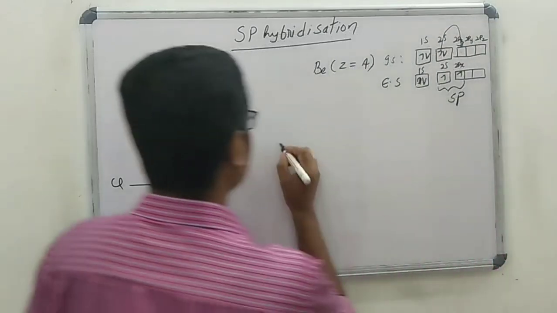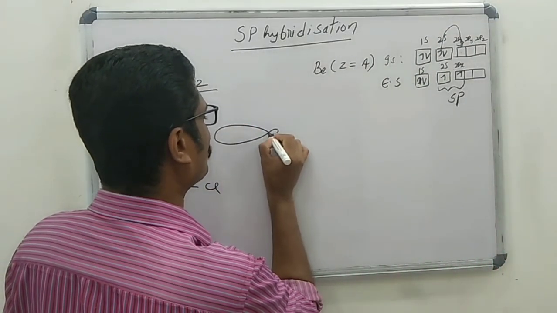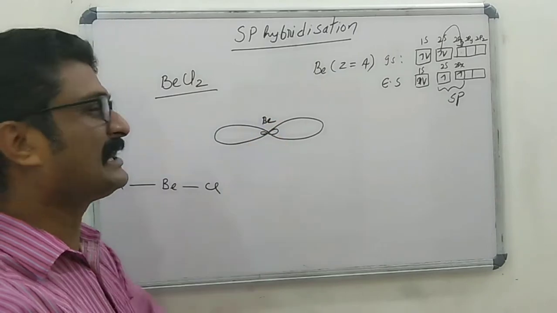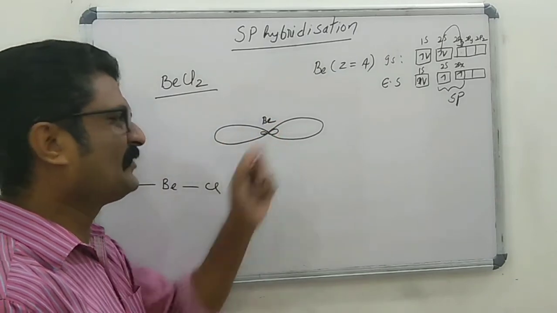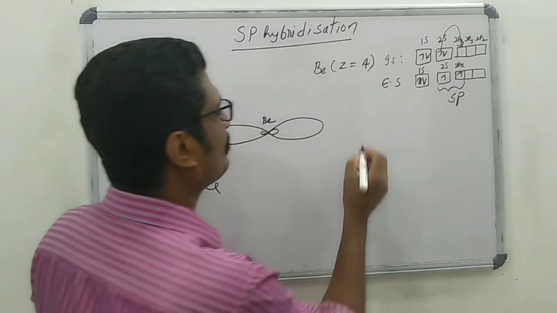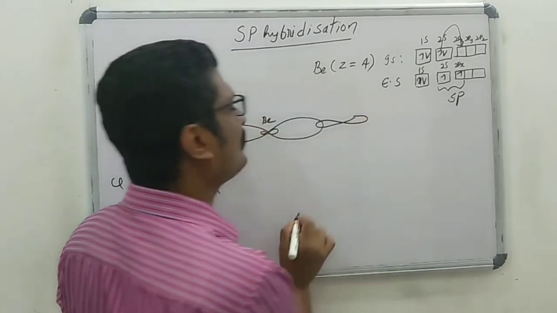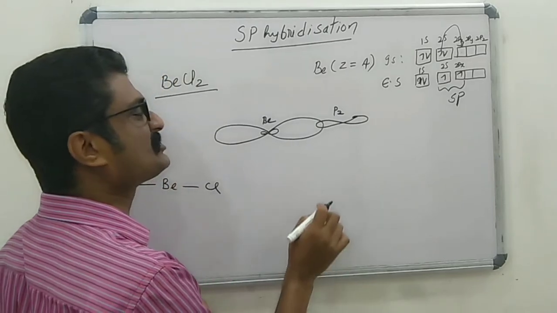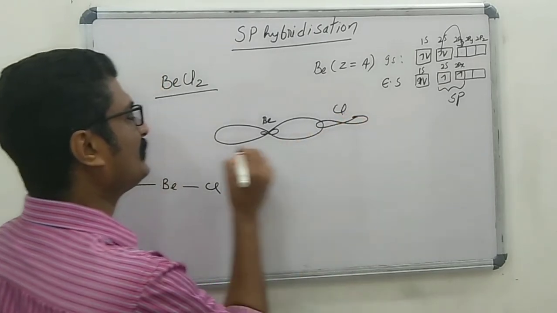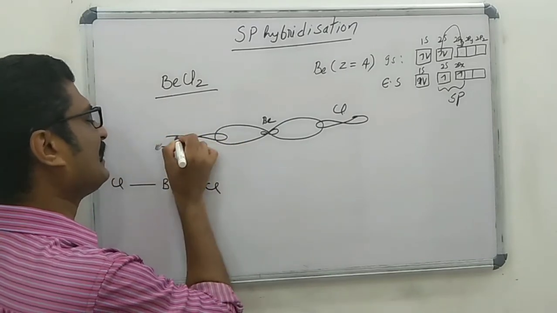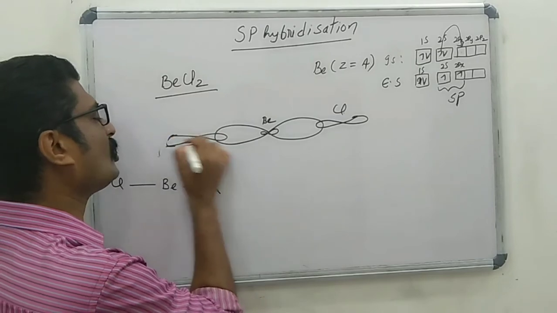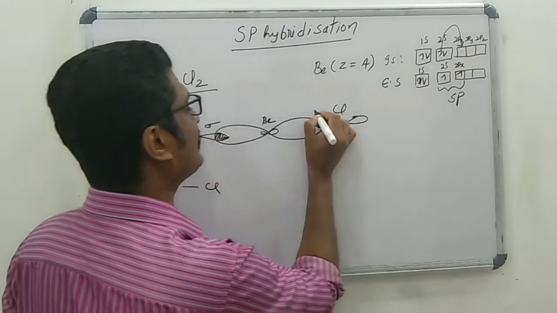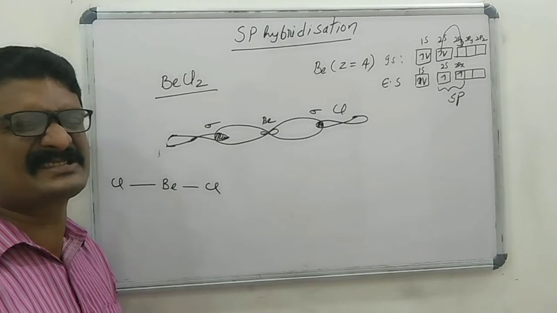Then these two sp hybrid orbitals of beryllium are directed along a line, and these two half-filled sp hybrid orbitals of beryllium overlap with the half-filled p orbital of chlorine axially, and here form two Be-Cl sigma bonds.